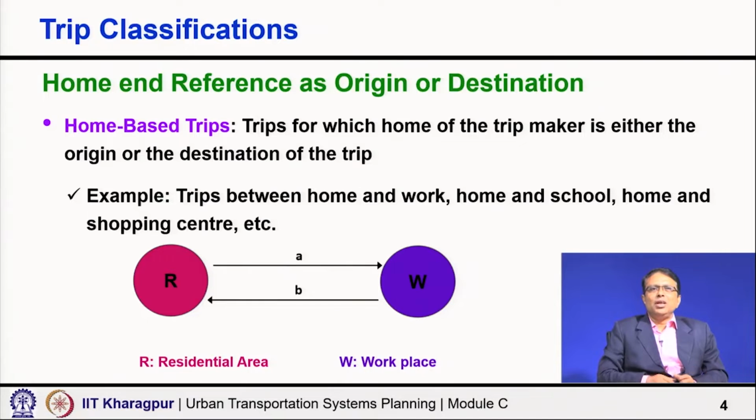For example, trips between home and work, between home and school, between home and shopping center. So, either a person going from home to work or work to home, or home to school or school to home, or to shopping centers and from shopping centers to home, all are home based trips, because either the origin or the destination includes home.